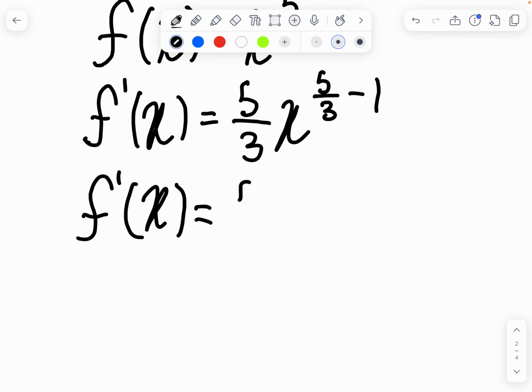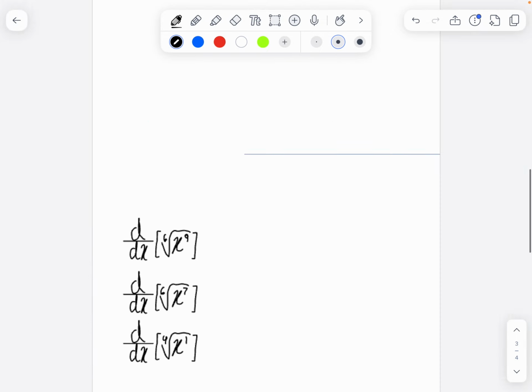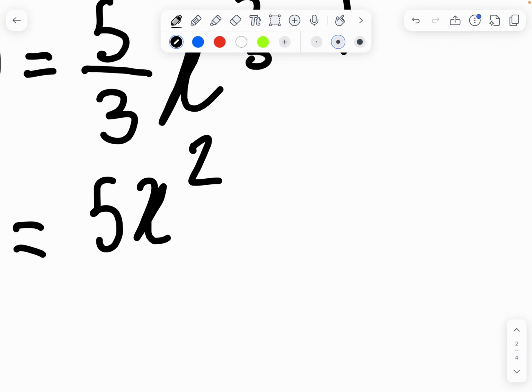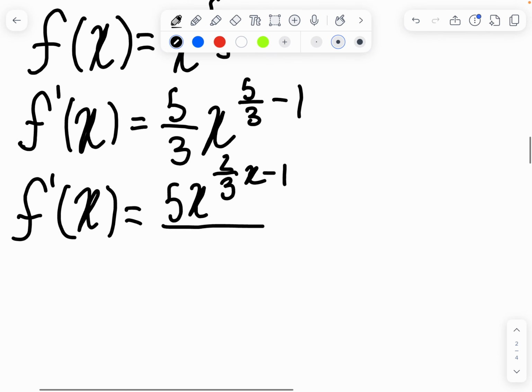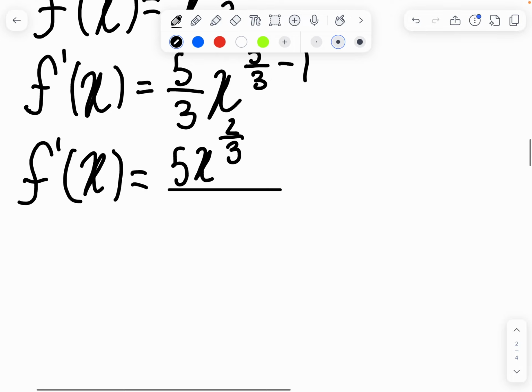This becomes 5 times x to the power of... what happened? 2 over 3, x to the power of 5 over 3 minus 1, over 3.